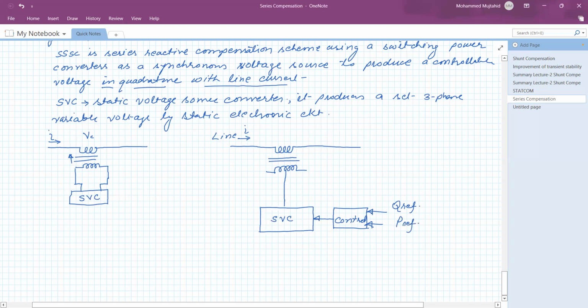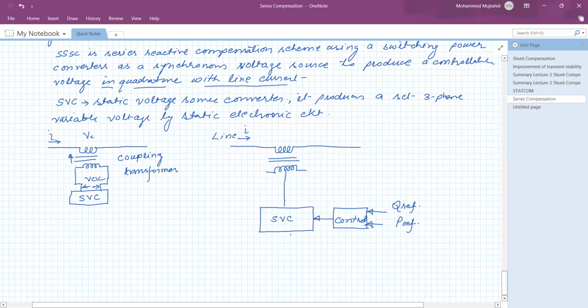With the help of this static voltage source converter, it produces a variable AC voltage, and this AC voltage is connected to the coupling transformer. With the help of the coupling or injection transformer, a control voltage can be injected in the transmission line. Definitely, the injected voltage should be in quadrature with the line current.